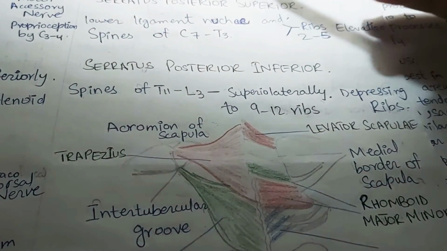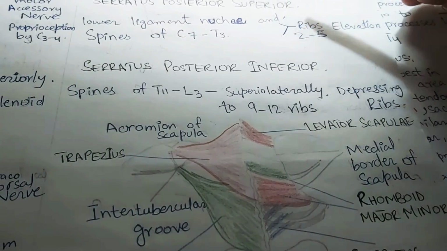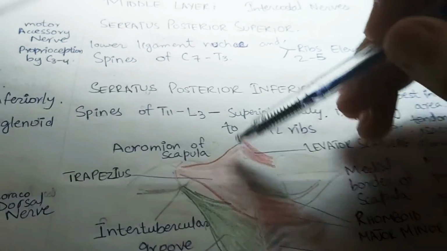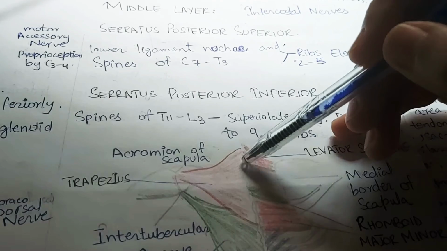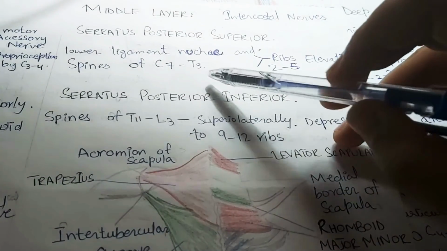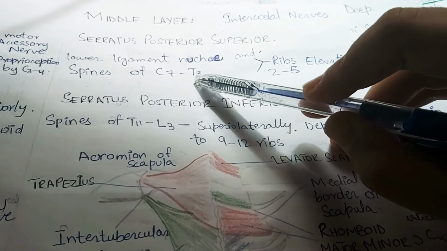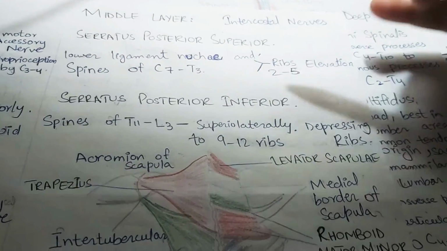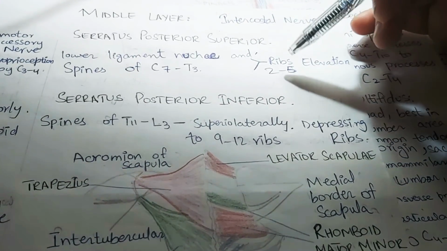Serratus posterior superior starts from the ligamentum nuchae. We remember the ligamentum nuchae, which connects the spinous processes of the cervical region, and it goes down to T3, the third thoracic vertebra, and then attaches to ribs 2 to 5.